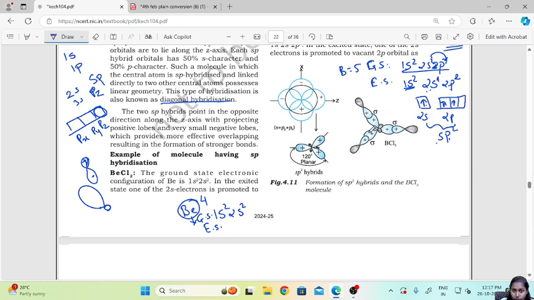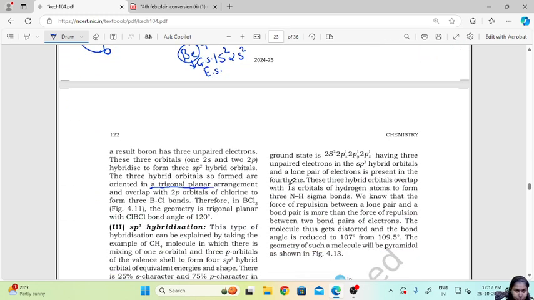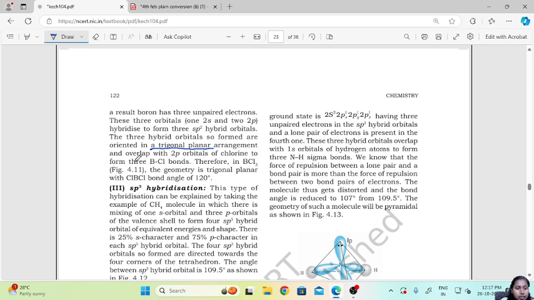They are arranged trigonally so that the p orbitals from chlorine can combine with them to satisfy each other. So these 3 unpaired electrons are paired up by each electron donated by chlorine, thus forming the BCl bonds, 3 BCl bonds.